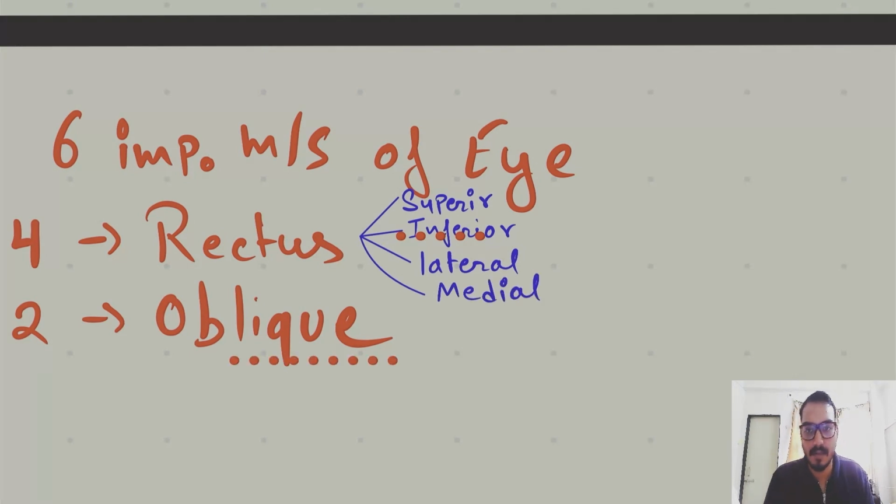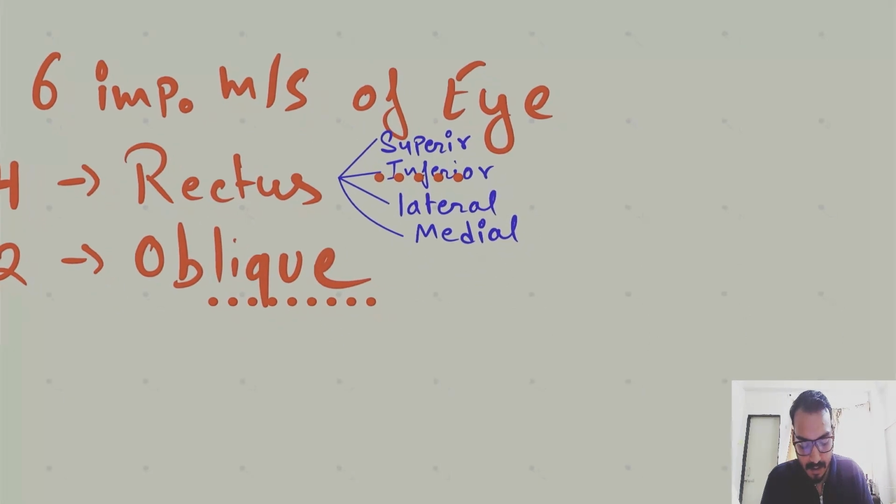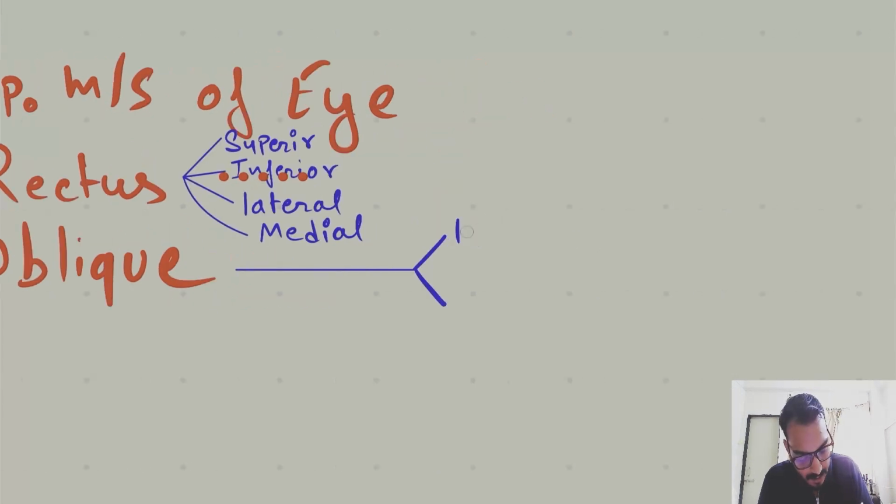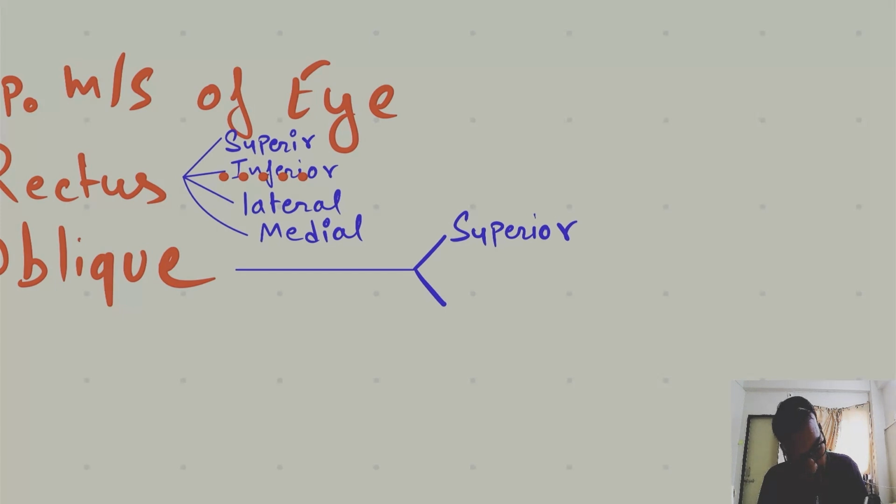Superior rectus, inferior rectus, lateral rectus and medial rectus. What about oblique, guys? On oblique we have only two types. They are superior and inferior.